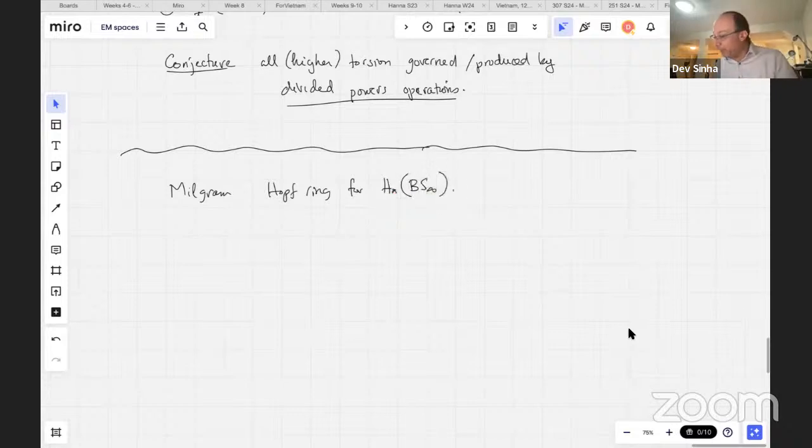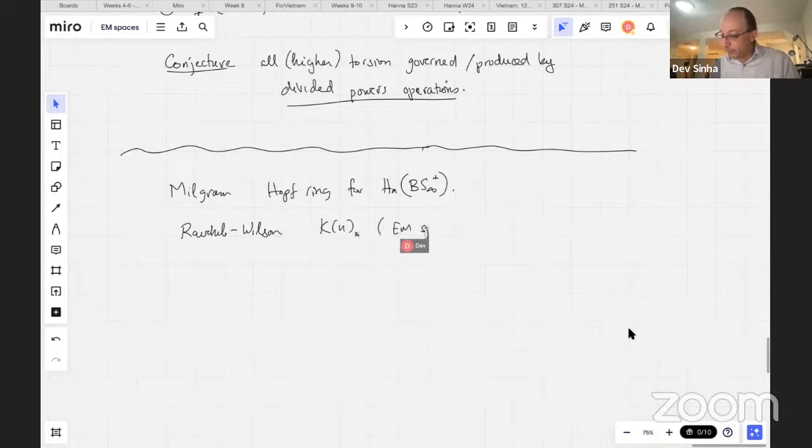It's a little bit of a lie, but maybe, well, group completed, that's less of a lie, but then I want to talk about the different infinite loop space structures. And Ravenel and Wilson were interested in things like Morava K-theory of Eilenberg-MacLane spaces or other infinite loop spaces.